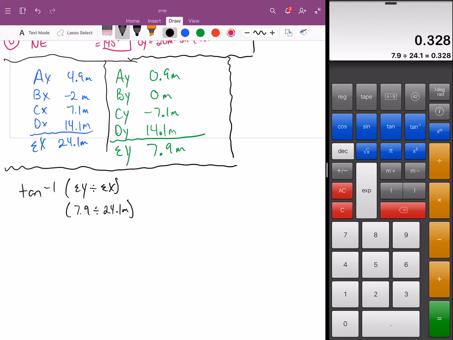Inverse tangent equals 18.1 degrees. That's your first answer.